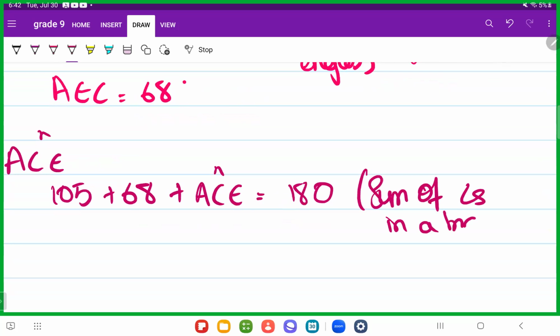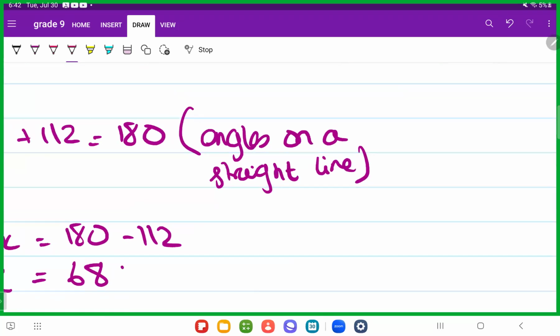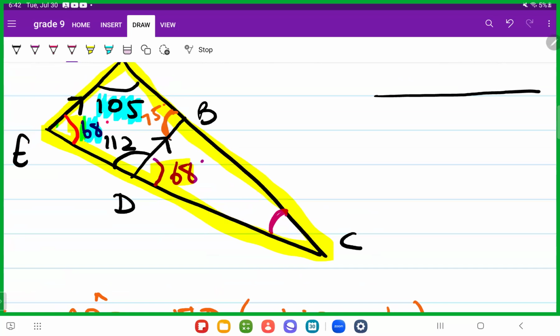I don't want the answer. Do you understand how we went about this question? We did the triangle method, so the sum of angles in a triangle. We didn't do corresponding angles over here. So I want you to try and do question 3, all three parts A, B, and C, right now.